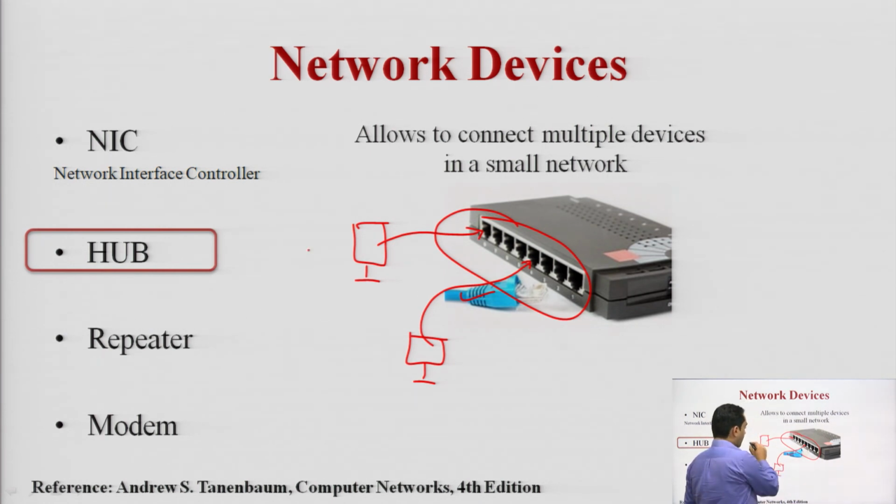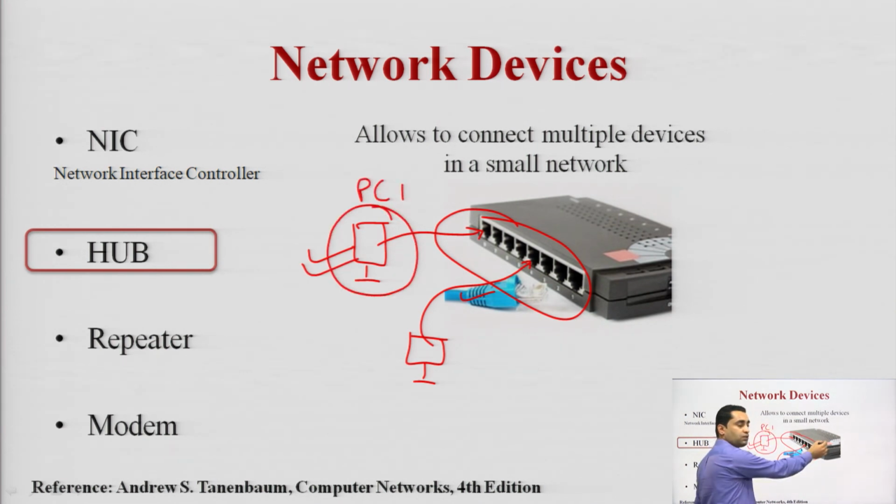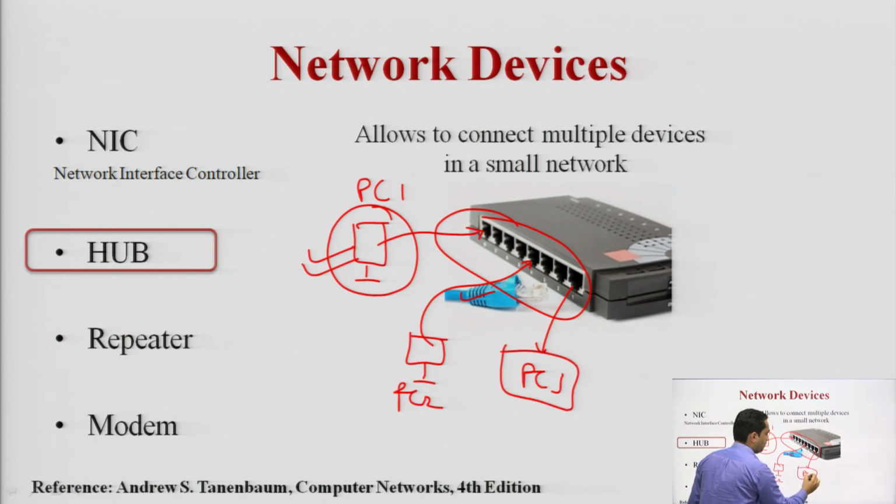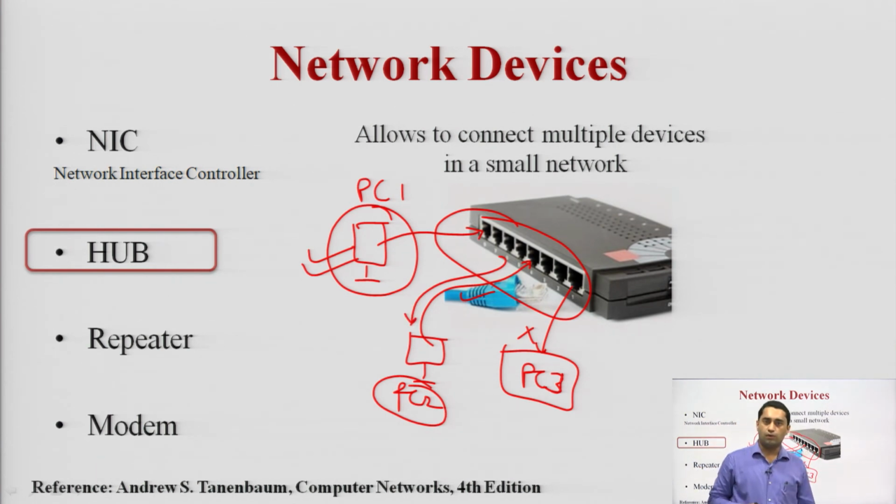If a packet is sent from PC1, it will go to the hub, and the hub will flood it towards all the computers connected, like PC2, PC3, and so on. Now we need to select that the packet is for PC2, not PC3, so it will not move there, it will only go to this port. This is the functionality of the hub.